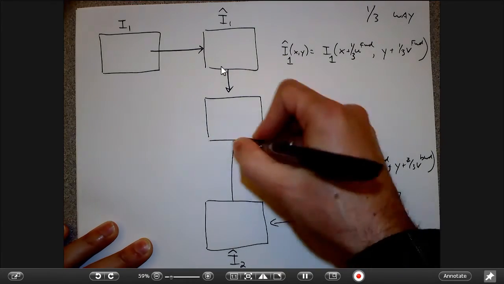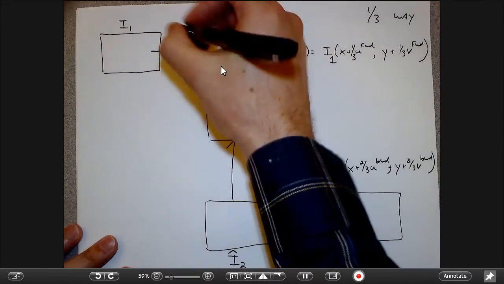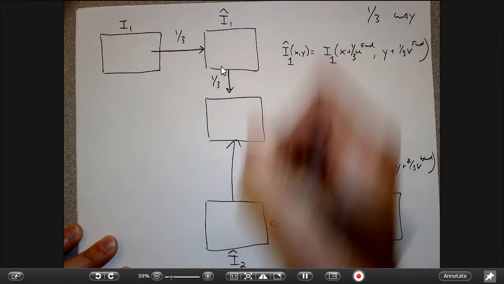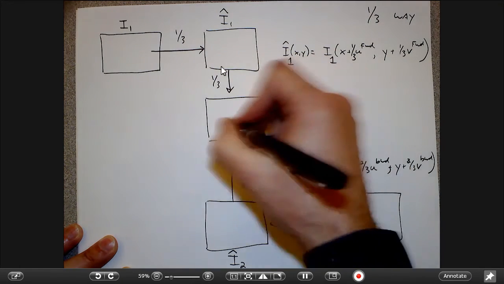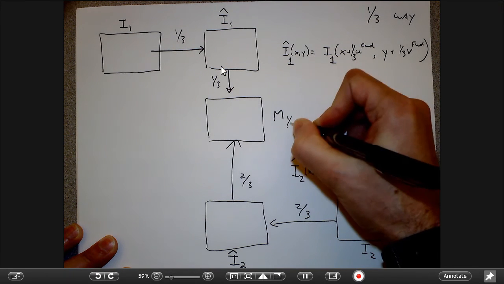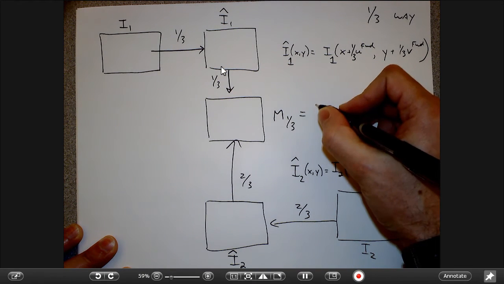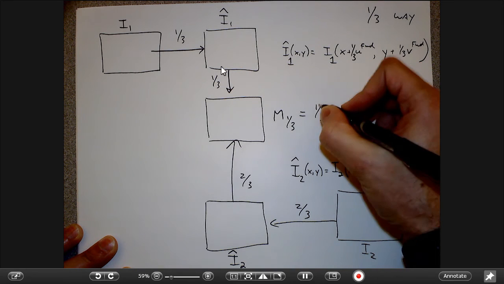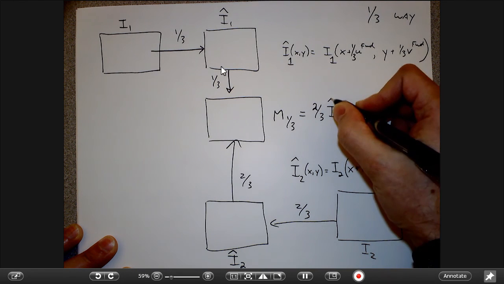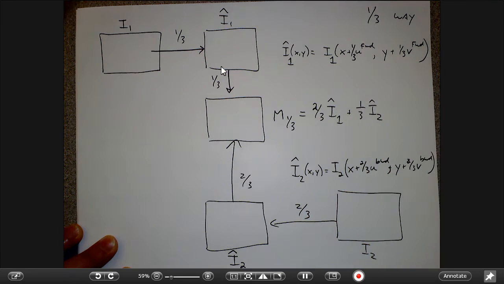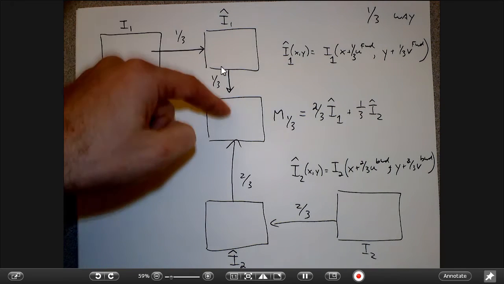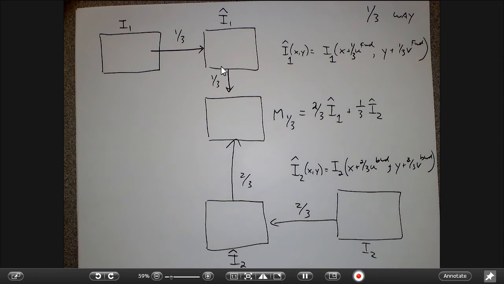And again, if my goal is to have a third of the way over, then my final 1/3 of the way image should be, sorry, 2/3 of image 1 hat plus 1/3 of image 2 hat, right? Since I'm not moving too far away from image 1, it should be mostly colors from image 1 and some colors from image 2, right?